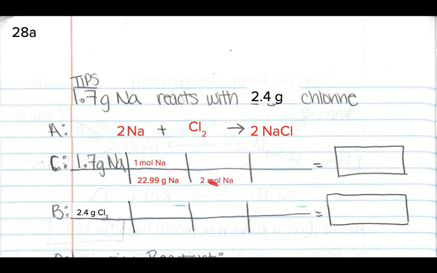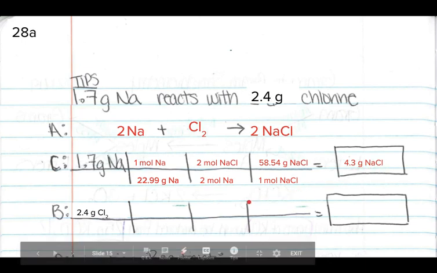So we're going to say that for every 2 moles of sodium in my chemical reaction, they will produce 2 moles of sodium chloride in my chemical reaction. And last, I want to convert my moles of sodium chloride to grams. So 1 mole of sodium chloride is 58.54 grams. So when you multiply across and divide your top by your bottom, you should get 4.3 grams of sodium chloride.